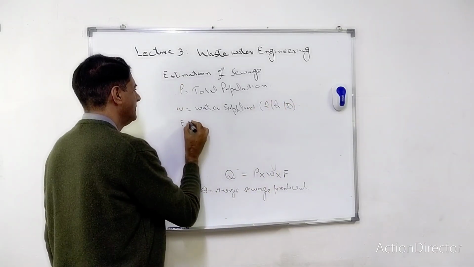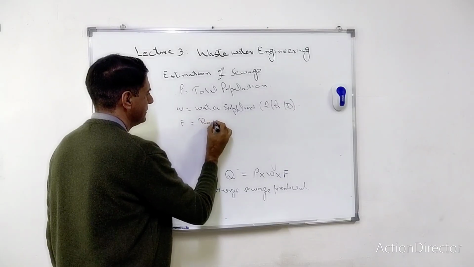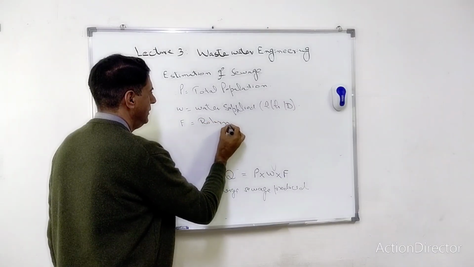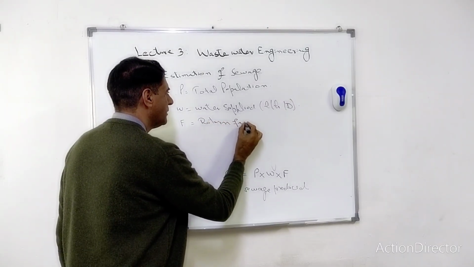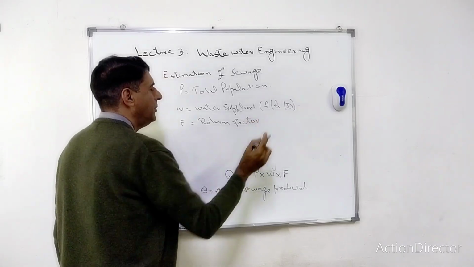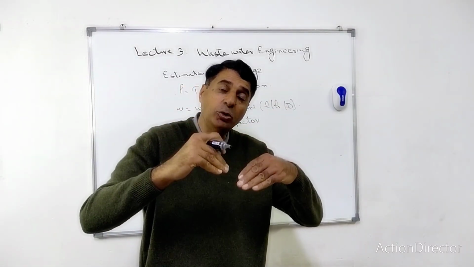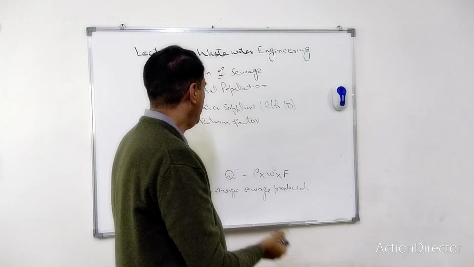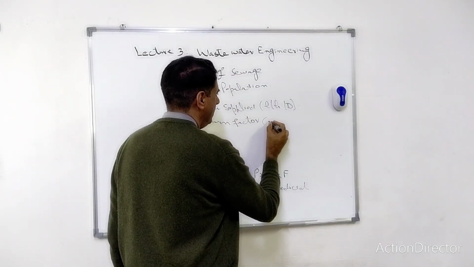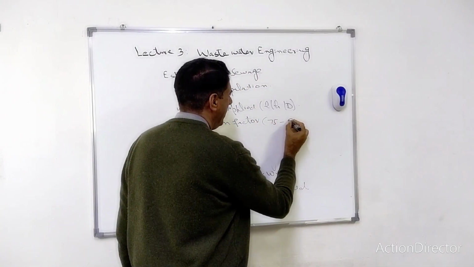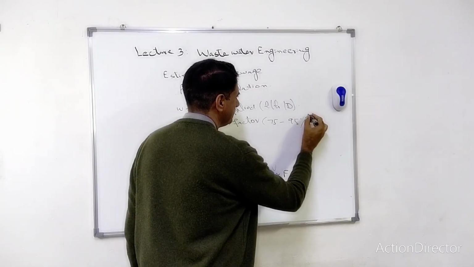This F is the return factor. Return factor means how much water is coming into the system as sewage. So it is normally taken between 75 up to 95%.